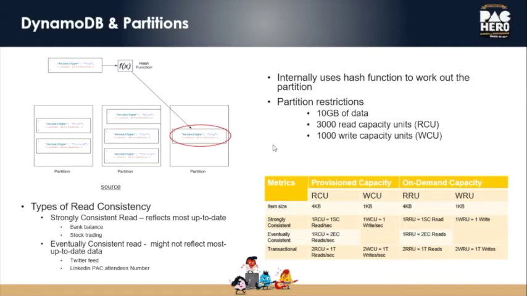And similarly, if you're on demand, you're paying 2 read request units for 1 transactional read. Same thing goes with the write capacity unit and write request unit. They are a bit confusing, those terms. I wish Amazon had different names for them rather than RCU and RRU.